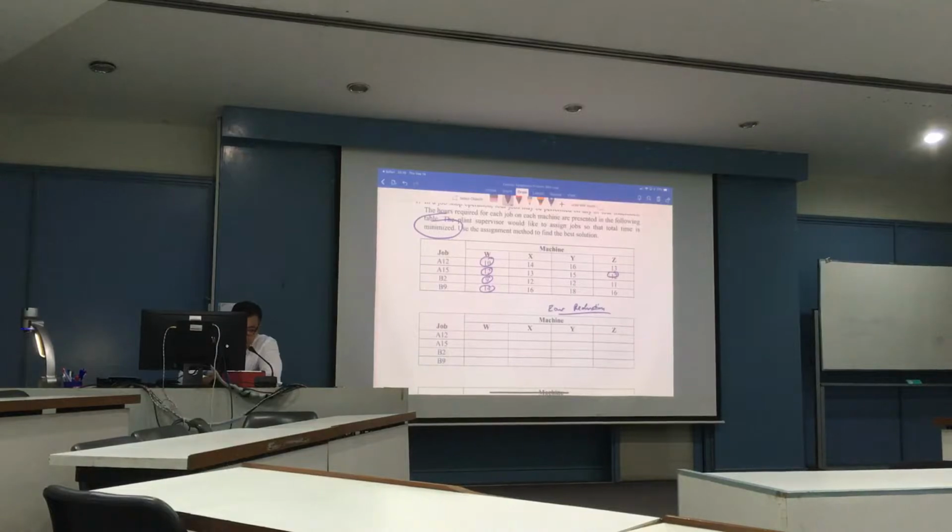For row reduction, we're going to have 0, 4, 6, 3, 0, 1, 3, 0, 0, 3, 3, 2, 0, 2, 4, 2. So this is the result for row reduction.